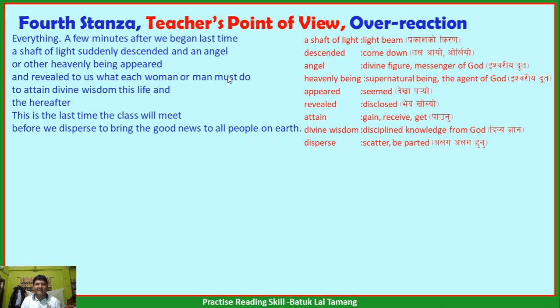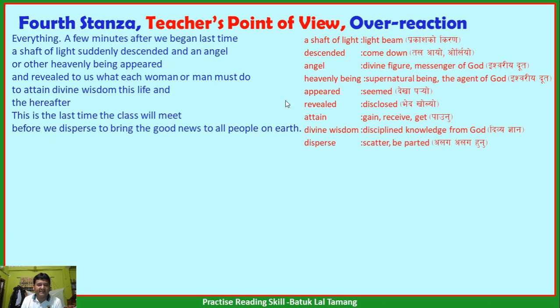He considered himself so. So this is the overreaction. Nobody can be a person with supernatural power. But here, he has presented the teacher as a supernatural power who can make the life of all the people on this earth. This is the overreaction.